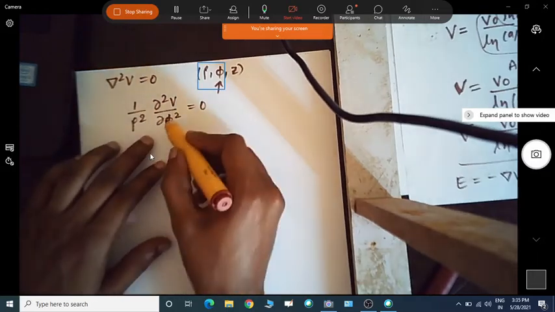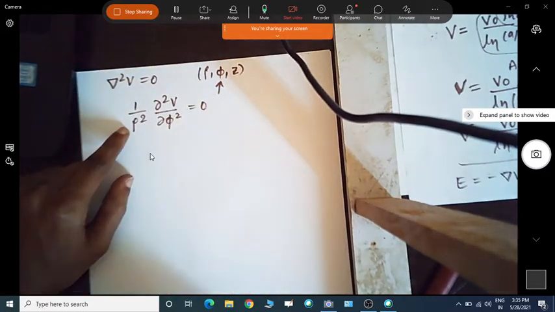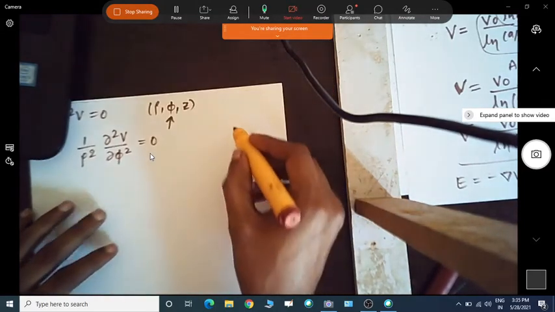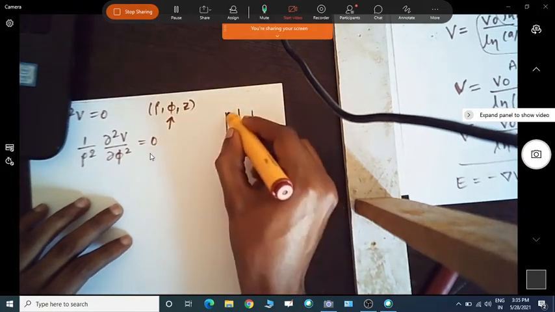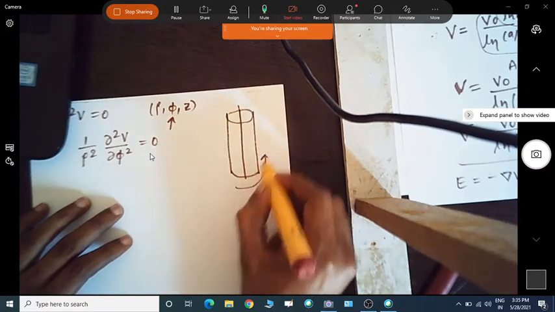Since it is a function of phi, rho will always be constant. When we look at the cylindrical coordinate system, this is the phi variation.